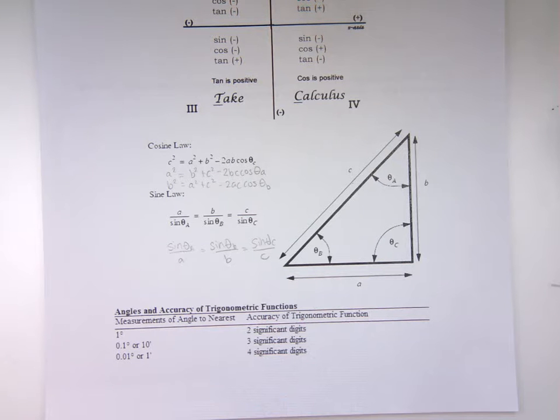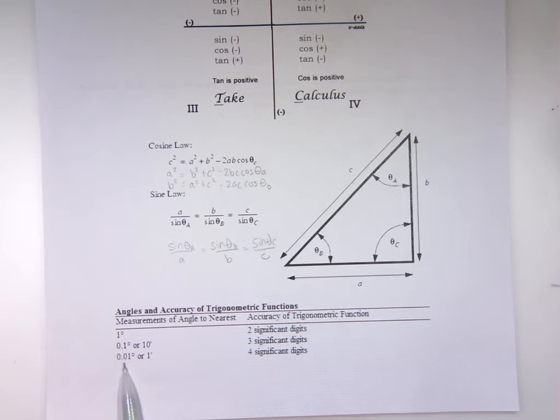If it was 57.0 degrees, then you would write it to three significant digits. And usually it tops out at 4. So if it's anything more precise than to the 100th of a degree, just use 4 significant digits in your final answer. Okay, so that's the front page.